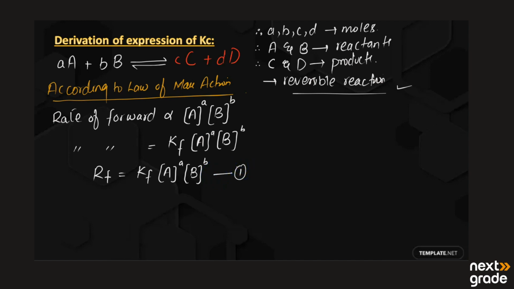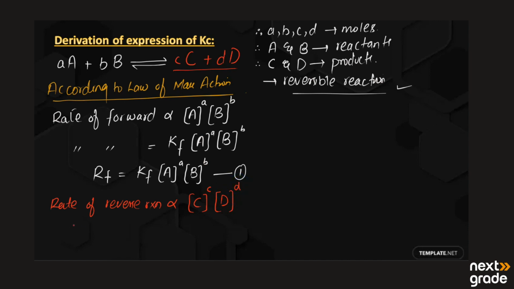Next, for the reverse reaction, likewise, the rate of reverse reaction is directly proportional to the molar concentration of C raised to its number of moles c, and the second product D raised to its number of moles d.